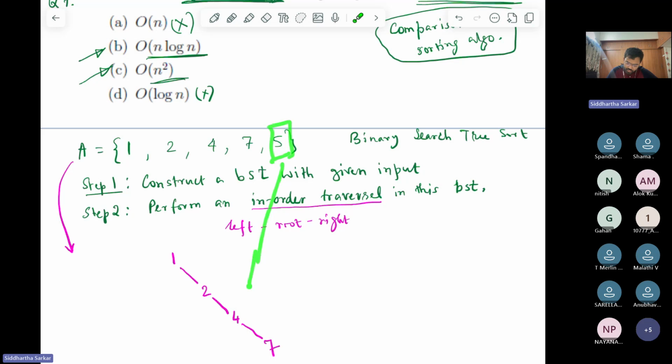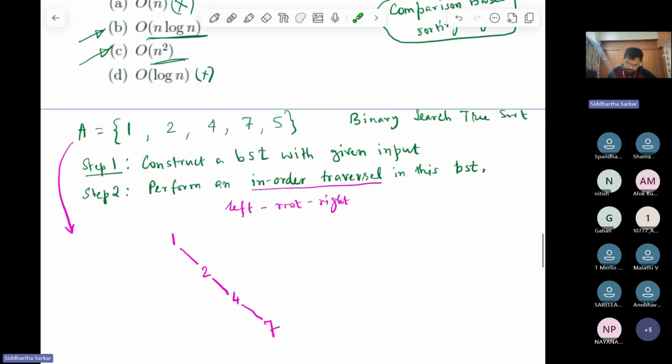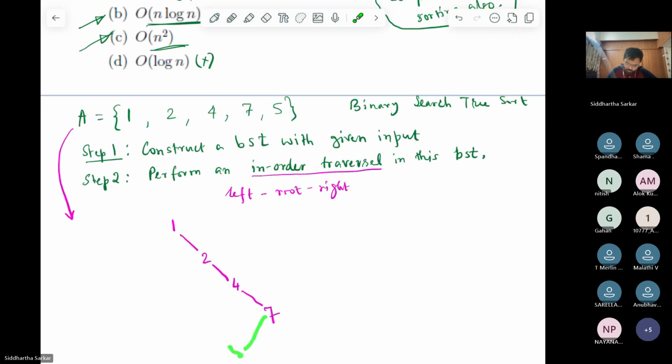So five should go where in this tree? Left of seven. Okay.